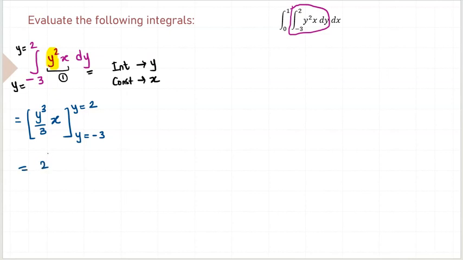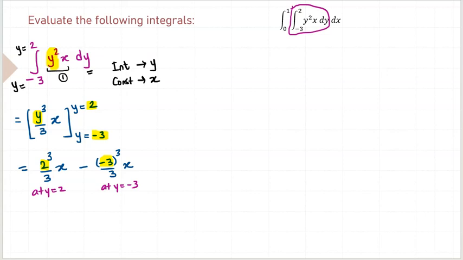Replace it: 2 power 3 over 3 times x, because we are just changing y by 2 and minus 3, minus (minus 3) power 3 over 3 times x. Let y equal to 2, let y equal to minus 3.